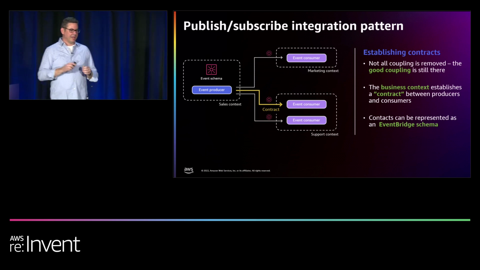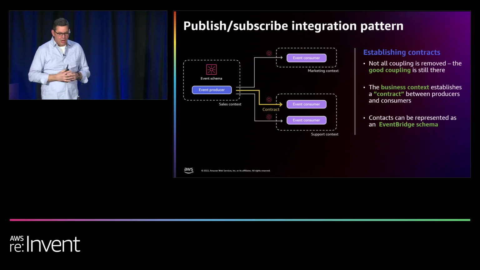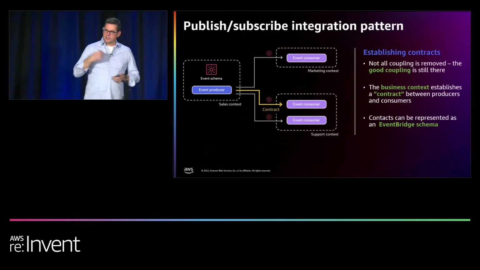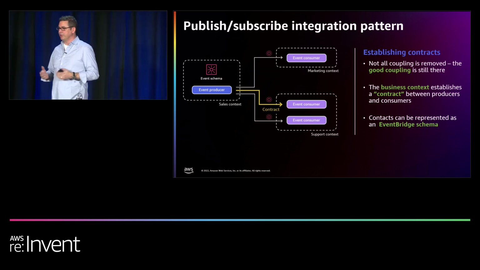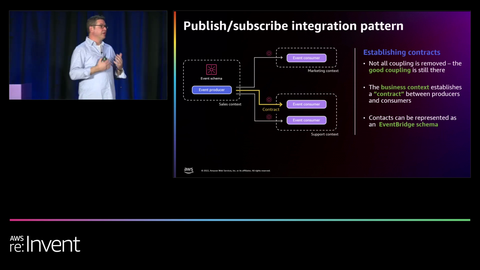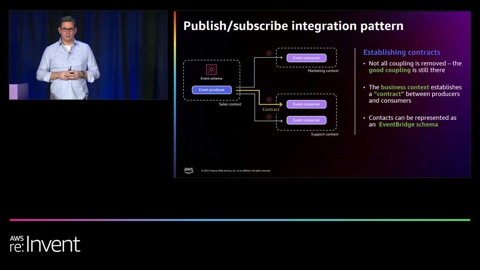Now, producers should care about who they enter a contract with. There needs to be some kind of business justification for an application to consume an event in the first place. After all, it costs money to build an integration. So producers should therefore also think about putting some controls around who can consume those events.